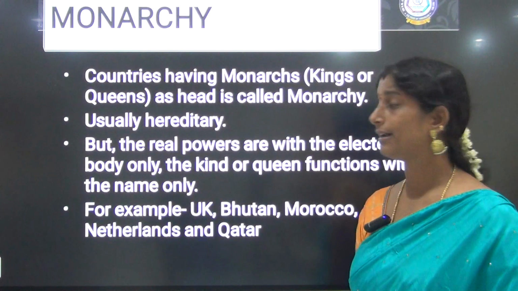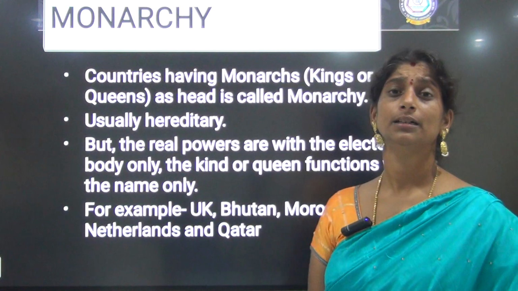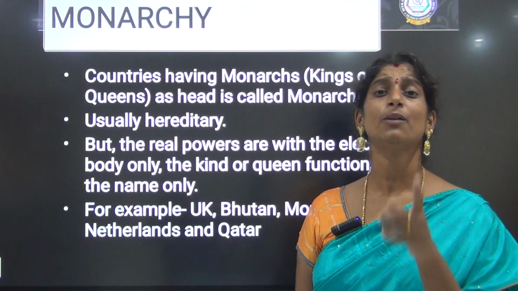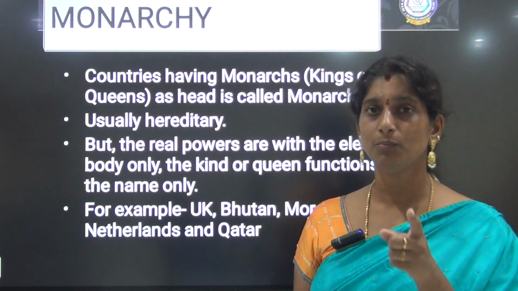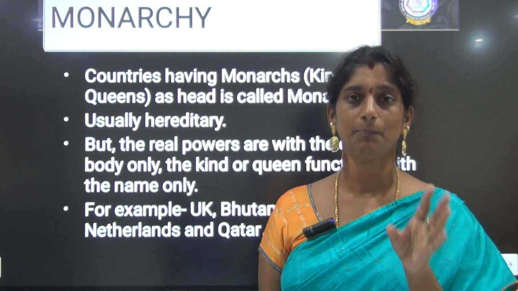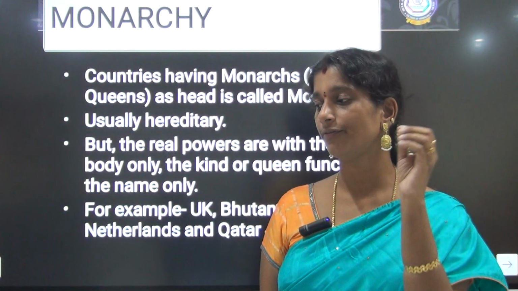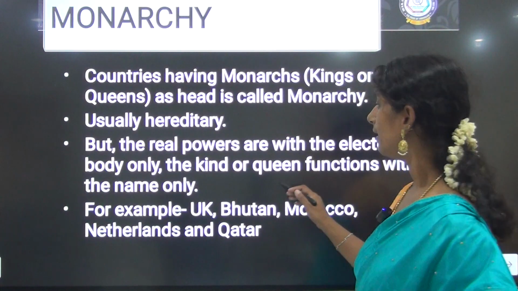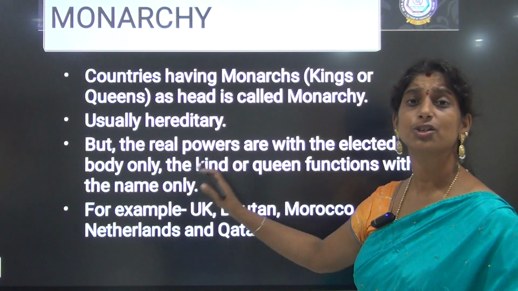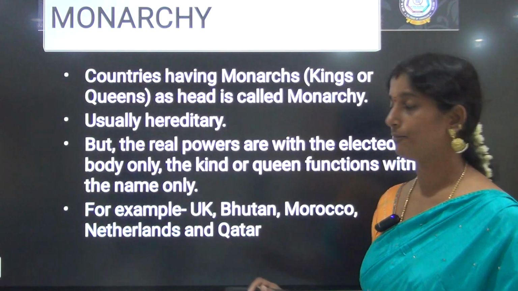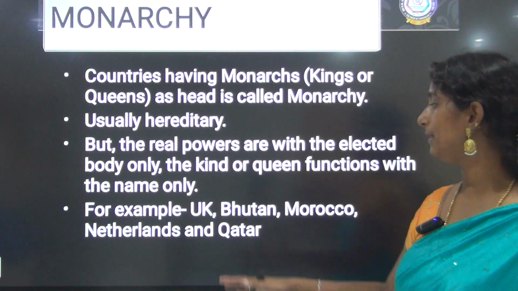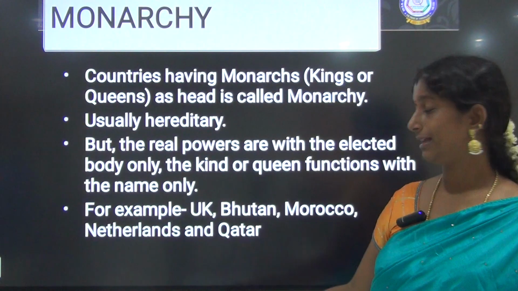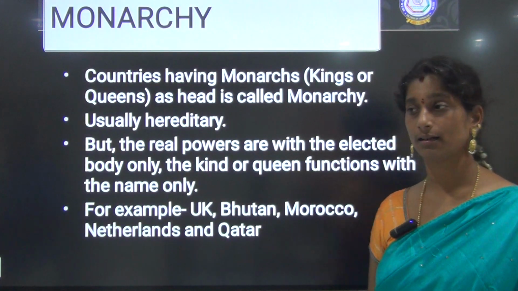But they rule the country, while the real powers are with the minister. The prime minister will be chosen by the people and he will have all the powers. So they just function in name, that's all. For example, UK, Bhutan, Morocco, Netherlands and Qatar.